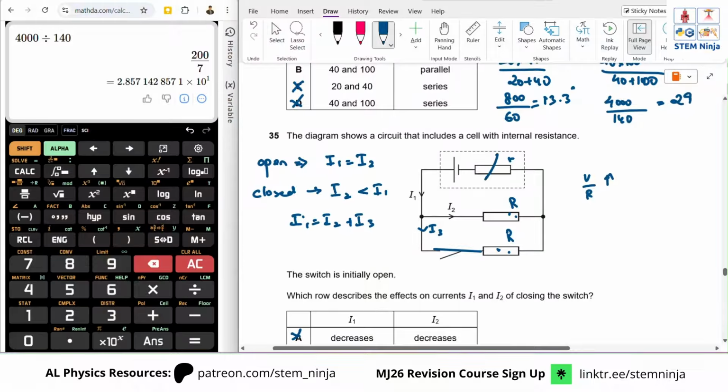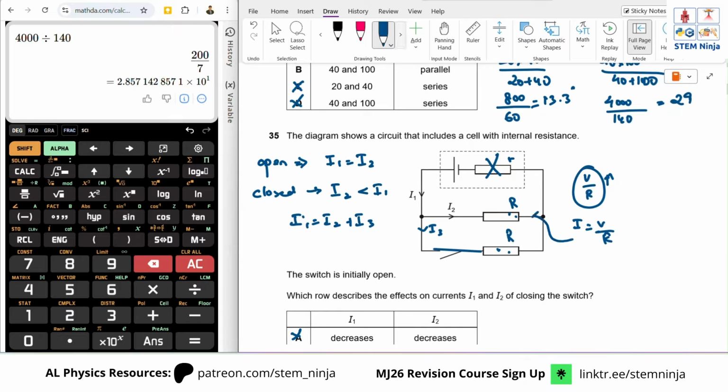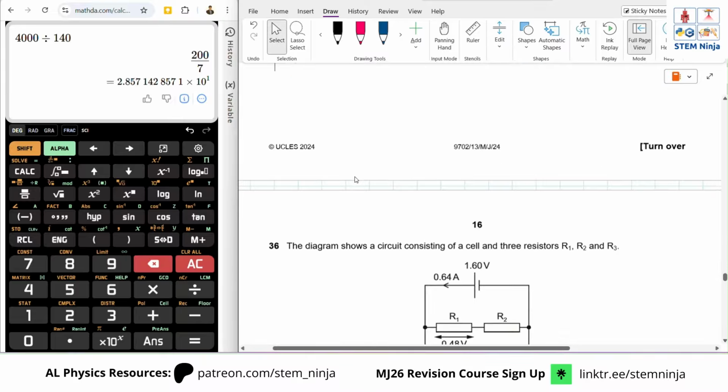If this were not there, then we could use the I is equal to V over R scenario over here, and that would tell us that this would be the same. But since this is there, the net current is being affected, so I2 and I3 would be different.